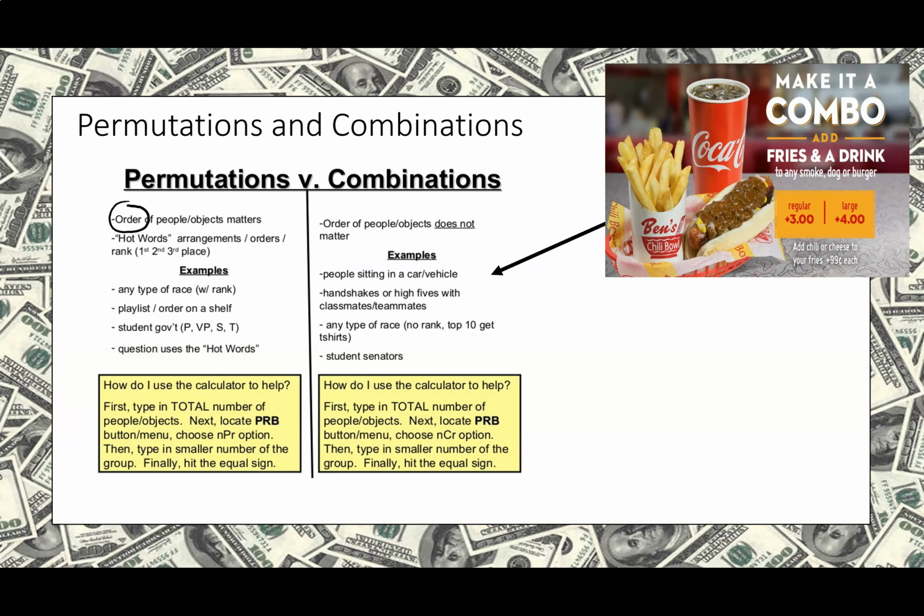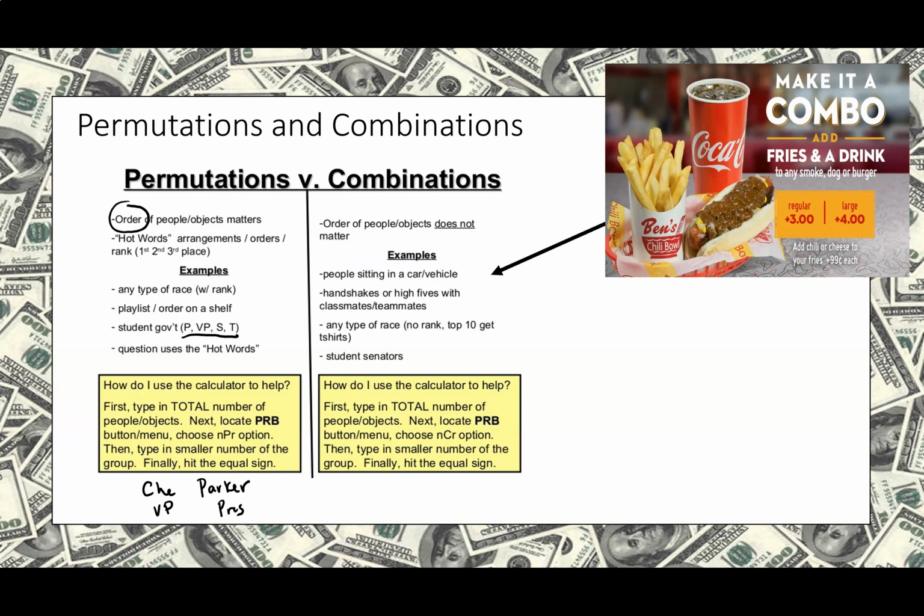So for example, if I have 10 people and I chose Che and Parker to be president and vice president, well, one situation is Che as president and Parker as vice president. That would count as one, but if I swap these and I call Che VP and Parker president, that would be a second situation.